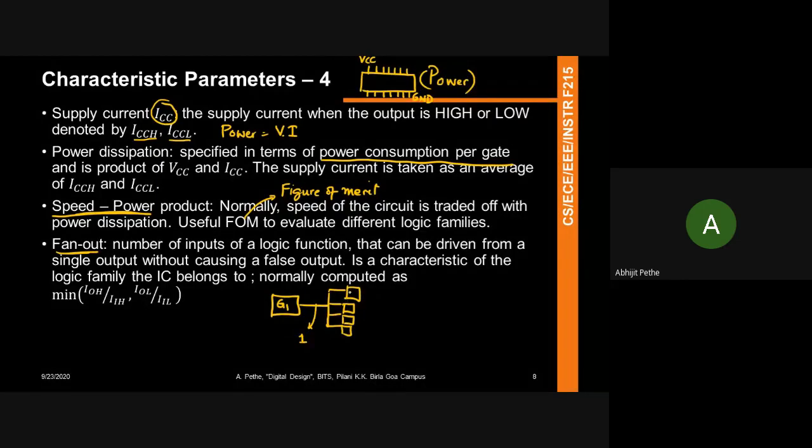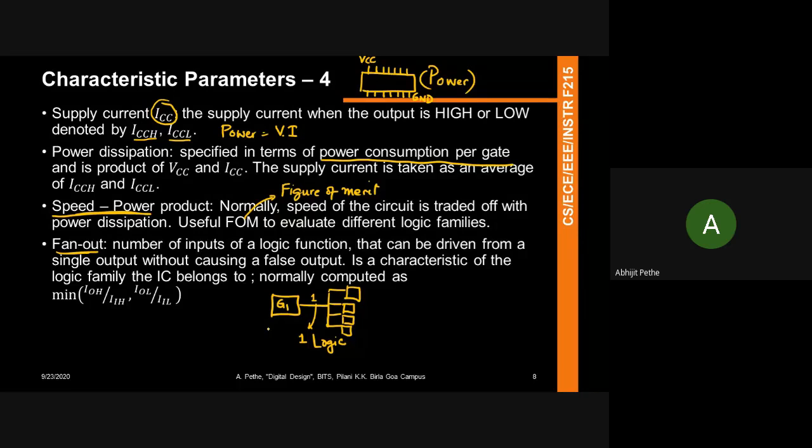I don't want these gates to look at 0 or some nonsense value here, right? So I want to always ensure that when it's 1 here, the same 1 is reflected here. And so there is a maximum of how many gates can be connected to the output of a single gate before the logic value at this node disappears. Right? And so normally that is known as fan out.